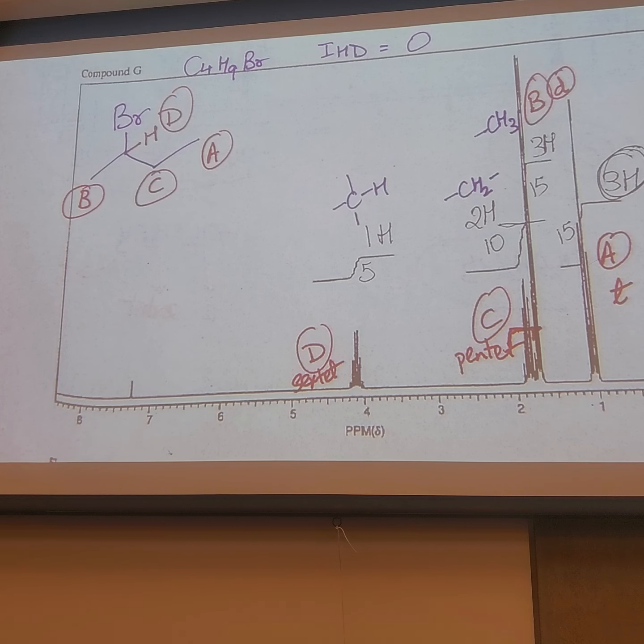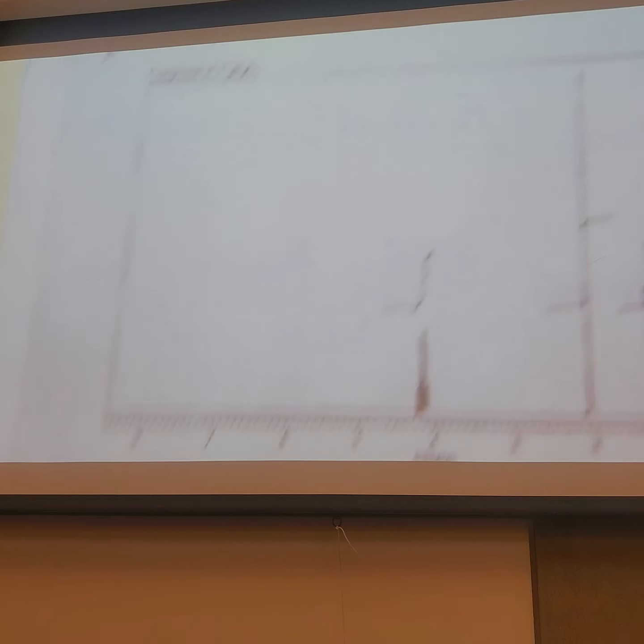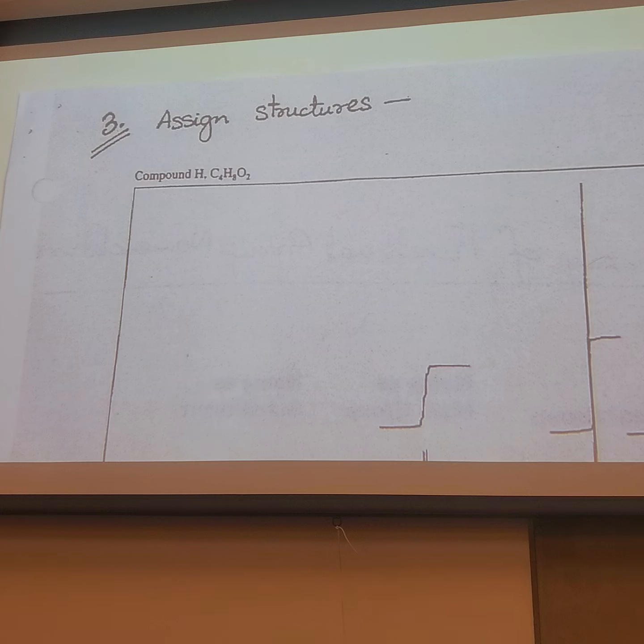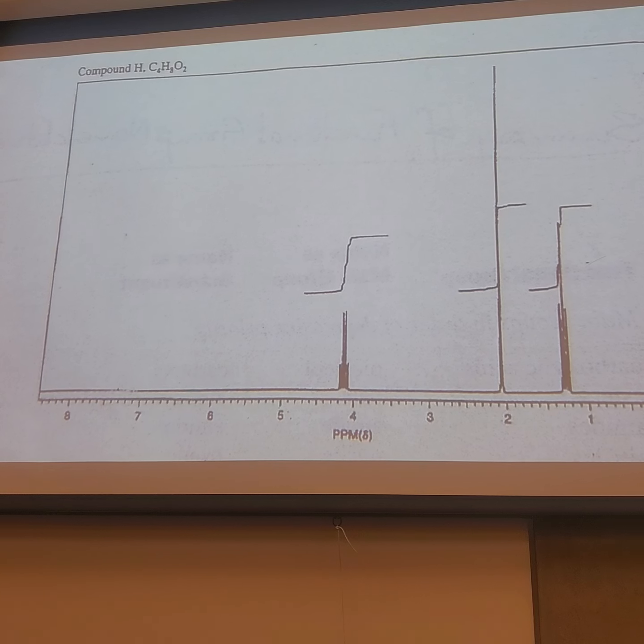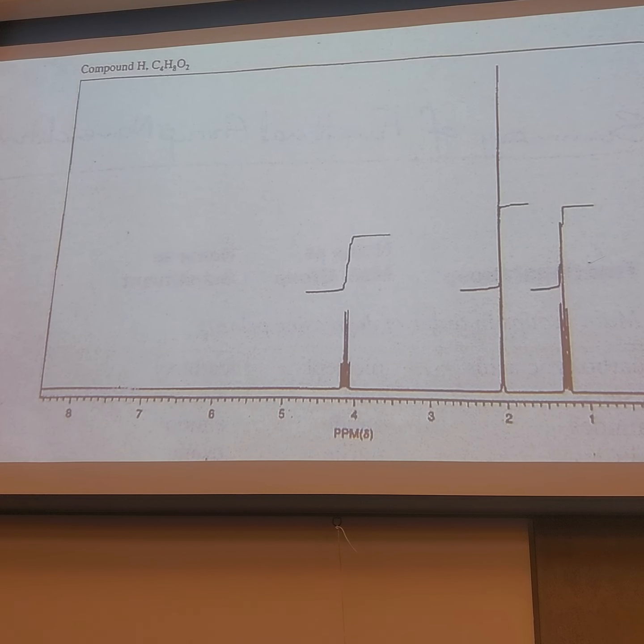Okay, then I'll take the same packet. I'm just randomly selecting this. How about C4H8O2, which says number 3. Do you guys see it? Yeah. Okay, let's start with IHT. Please go ahead, tell me what is the IHT? 1.